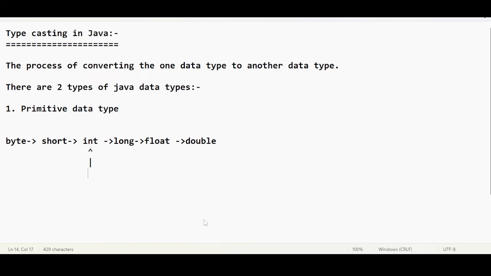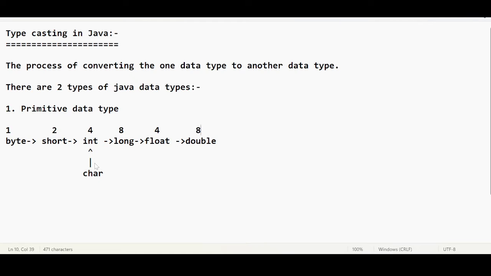The placeholder for the position of the character is below the integer, right? When we talk about sizes, byte is going to consume 1 byte of memory, short is going to consume 2 bytes, and integer is going to consume 4 bytes. Long is going to consume 8 bytes of memory, and float is going to consume 4 bytes.